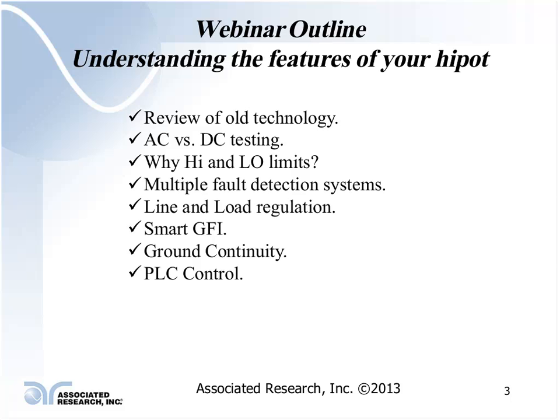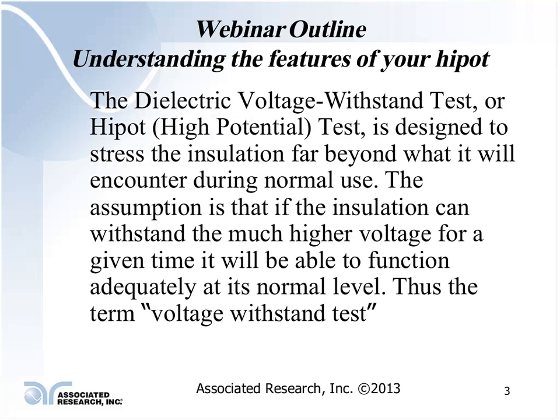So it's both a time-saving device as well as performs a second functional safety test that is required as a 100% routine production line test if you are testing a Class 1 product. And we'll also talk about the PLC control capabilities of your Hipot testers, and what advantages that also offers.